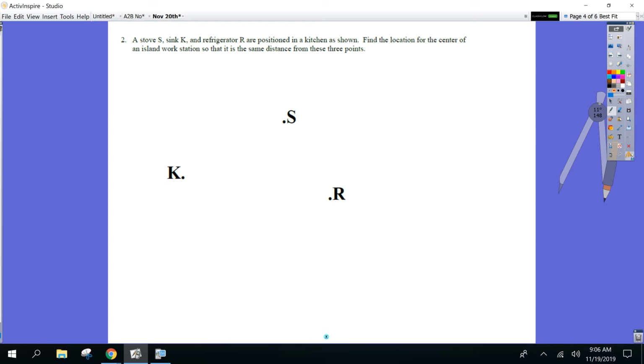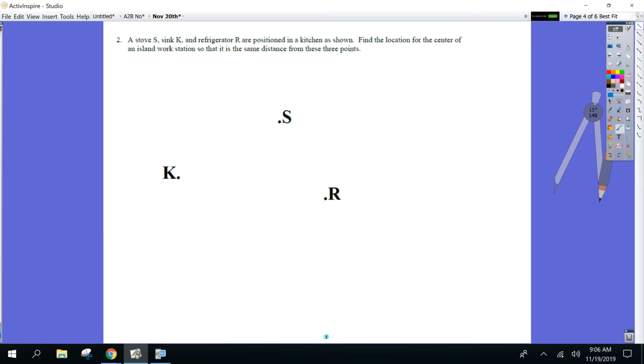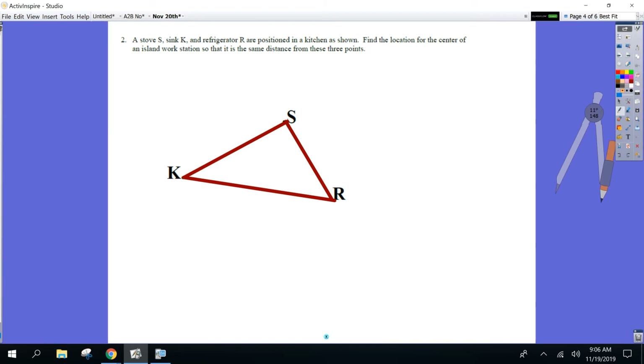Don't the stove, sink, and refrigerator look like the vertices of a triangle I could make? All right, let's do it. Grab your straight edge. That looks like the vertices of a triangle, KSR. And what have we been calling that point that is equidistant from K, S, and R?